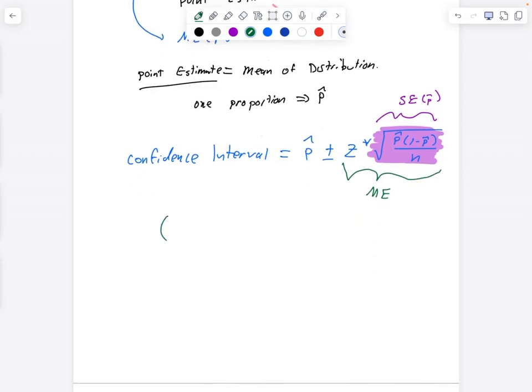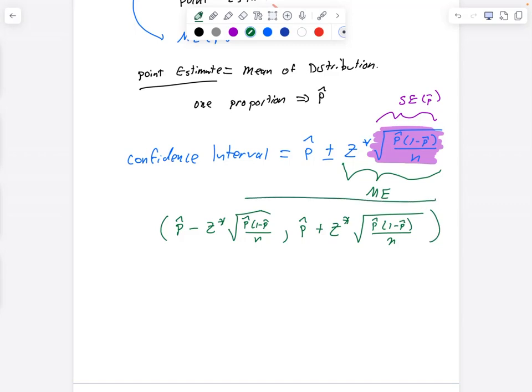Now, when we write an interval, we like to write it as p hat minus z star times the square root of p hat 1 minus p hat over n, comma, p hat plus z star times the square root of p hat 1 minus p hat over n. But yes, there's a lot of things in here, but these are just 3 different values.